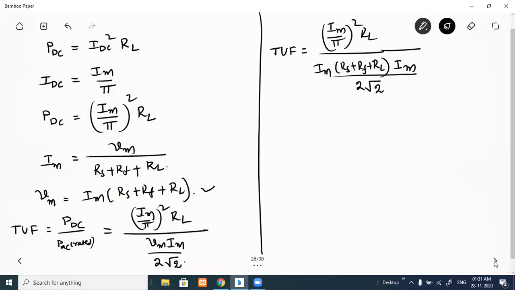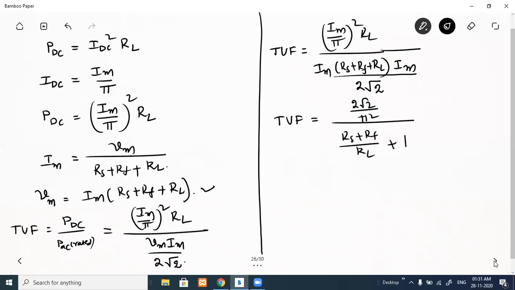Then this Im square is cancelled out. So the TUF we can represent as 2 root 2 by pi square divided with Rs plus Rf by RL plus 1.